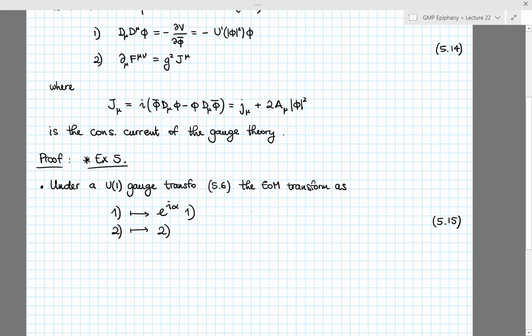So the equation for phi is gauge covariant, and the equation for A mu is gauge invariant.